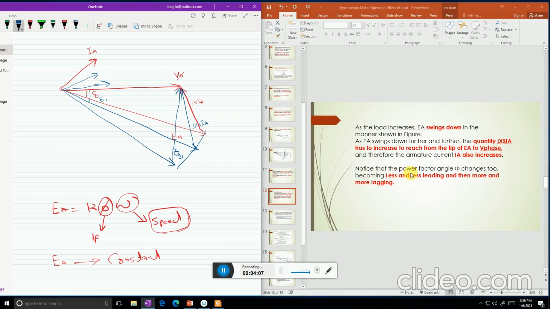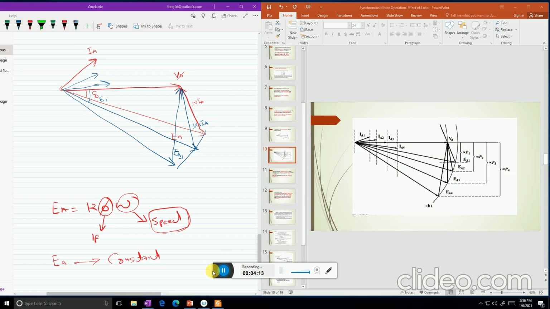Notice that the power factor angle theta, which is in between V phase and IA, if this is theta and this is theta 1, is decreasing when the motor is running with some load.